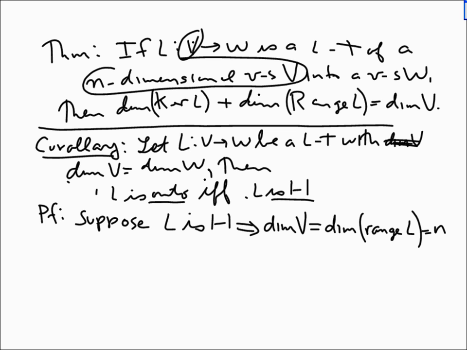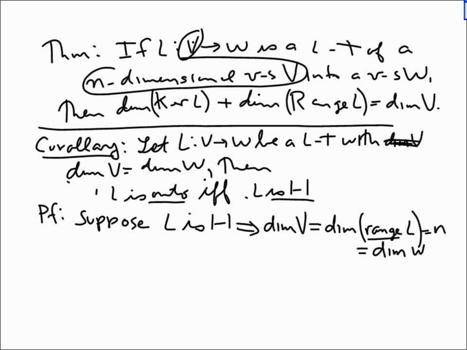So we want to show it's onto. Well, the dimension of V, which is n, is equal to the dimension of W. That's going to show that it's onto.